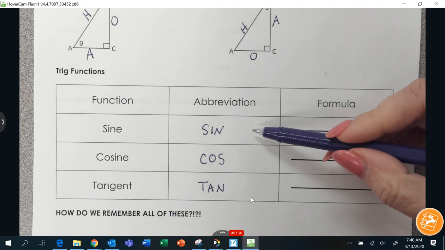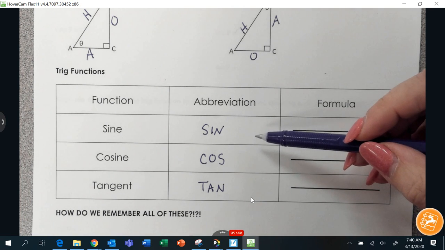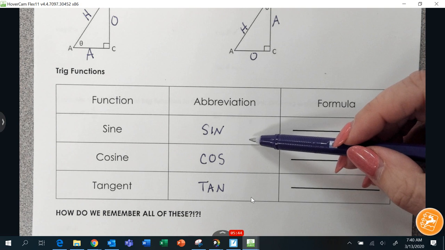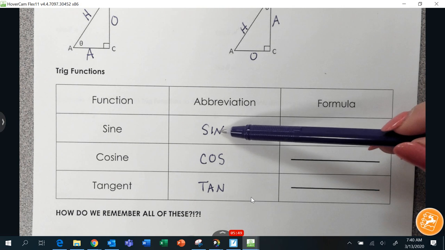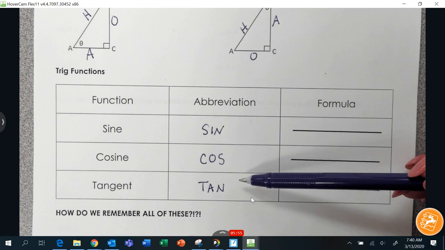Now, I want to make a big deal about this because not knowing this is very detrimental to students when they get to pre-calculus. Actually, even in this class, you never have sine by itself. You never have cosine by itself. And you never have tangent by itself.